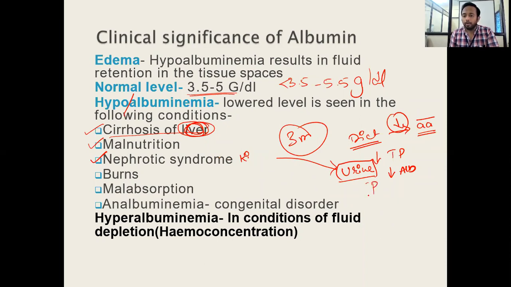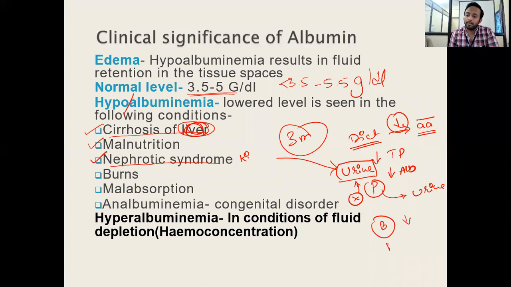Normally, proteins are not excreted in the urine, but under certain conditions like nephrotic syndrome, you might see protein excreted in the urine. So when they are excreted in the urine, obviously what happens to the blood level? It starts reducing.